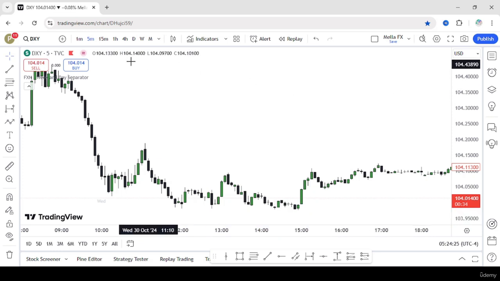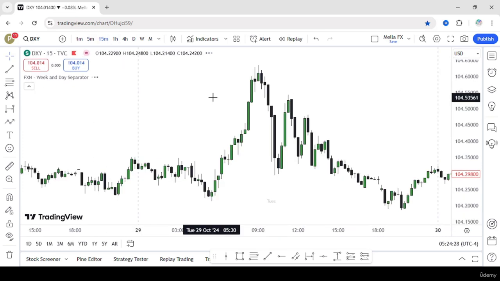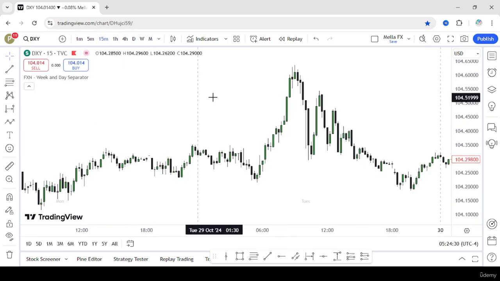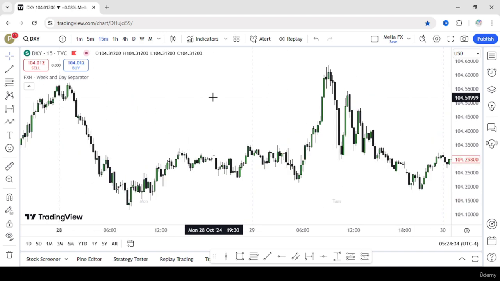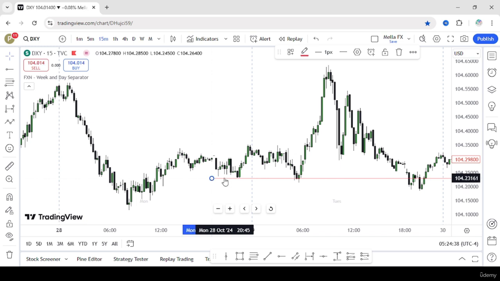In the 15 minute chart, you also get many examples. The lower the time frame you go, the more examples you get. Even here, this is an example of relatively equal lows.